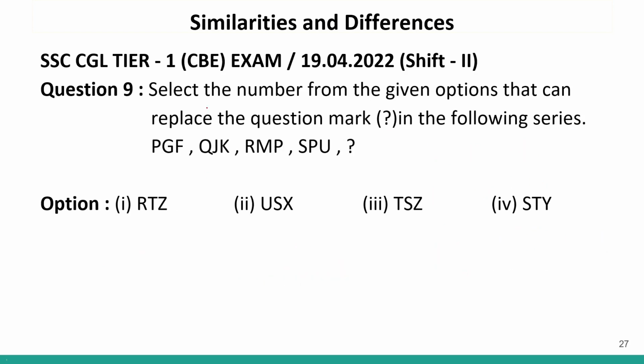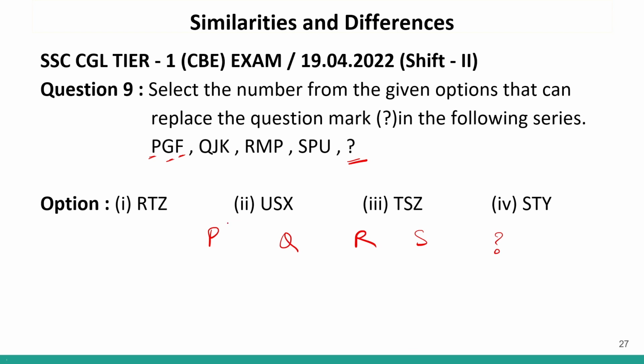Now, out of all these, we have to find out which of these will come to fill up this position. So again, treating them as 3 different series. So my first series will be P, Q, R, S, and then I have to find out.